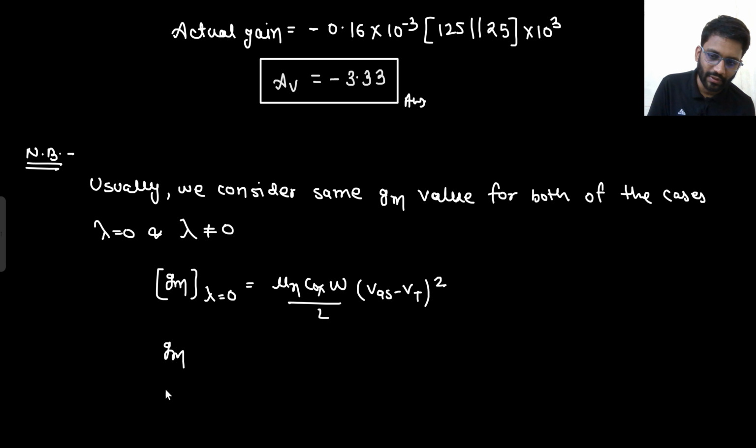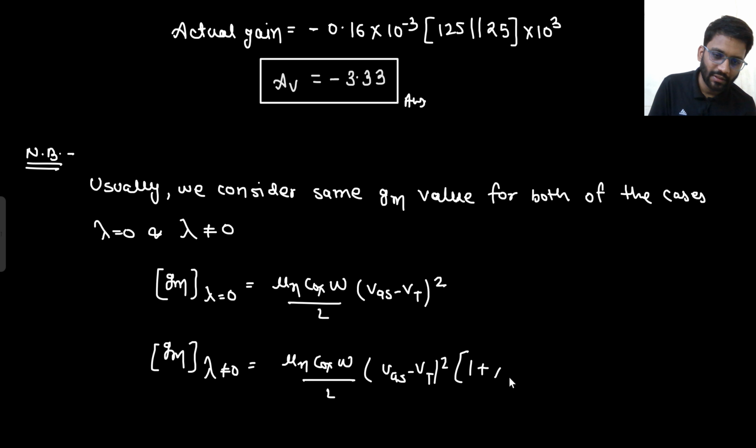And what is the value of GM for the case lambda not equal to 0? That is mu n COX W by L, VGS minus VT, whole square, into 1 plus lambda VDS.